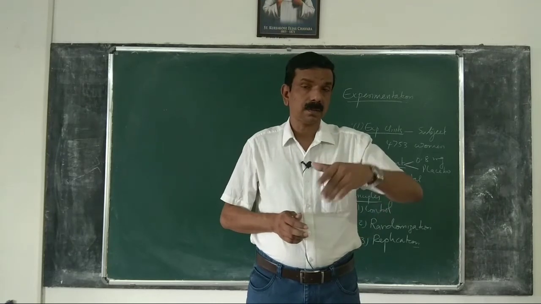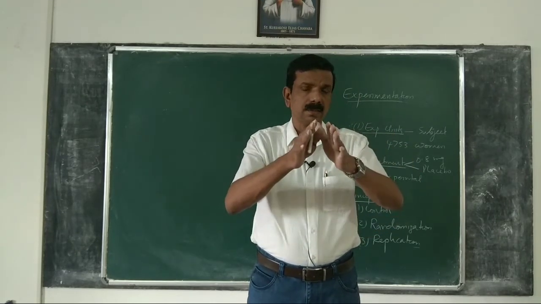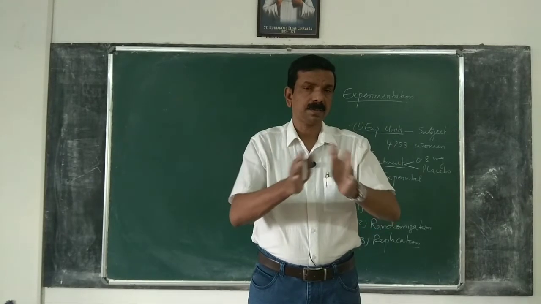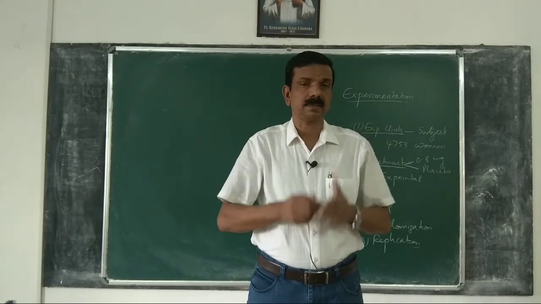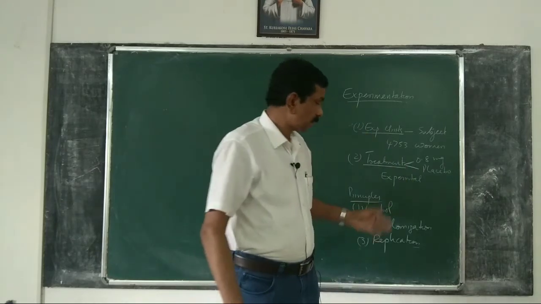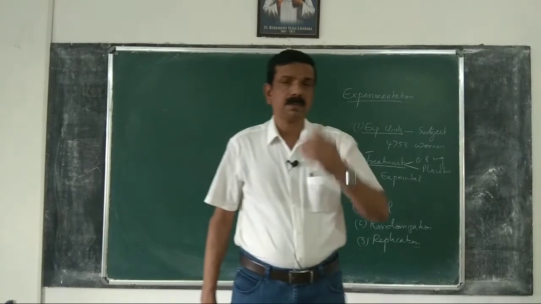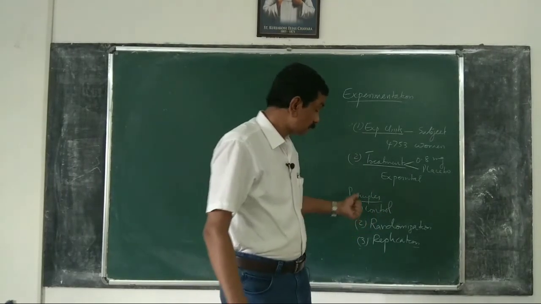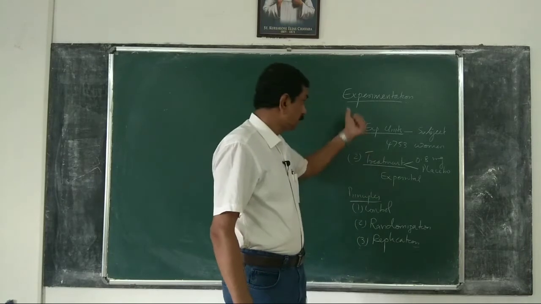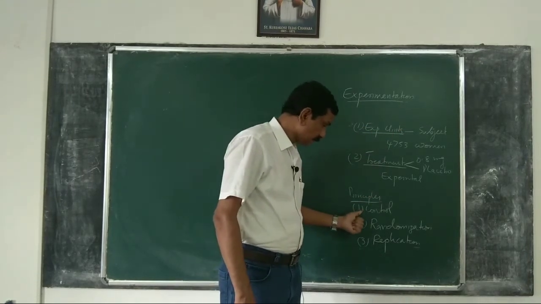You have to repeat this process again and again so that the result is obtained from a vast data set. Then only we can say whether the results are correct or acceptable. So these three principles should be followed in any experimental design: control, randomization, and replication.